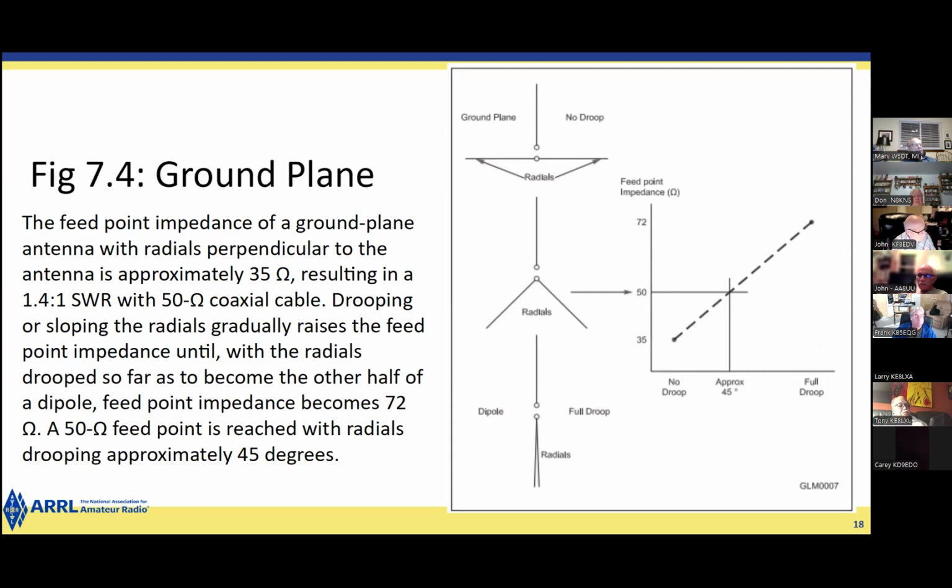Drooping or sloping the radials gradually raises that feed point impedance, until with the radials drooping so far as to become the other half of the dipole, the feed point impedance would become 72 ohms. The 50 ohm feed point is reached with radials drooping approximately 45 degrees, like this.